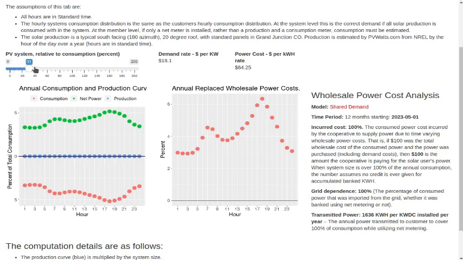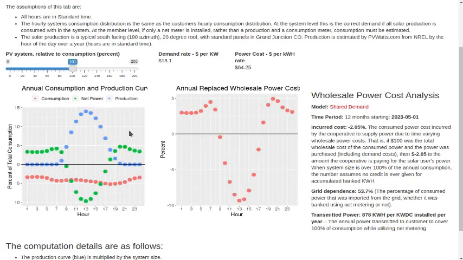Now when we add net metering or solar production into this, then that graph in the middle changes quite a bit. What we have is importing power through here. You actually have to buy this power from the wholesaler, and then that person's exporting power through here. So it costs money here, but it's actually saving you money here because you don't have to buy power for someone else who's consuming it at that moment.